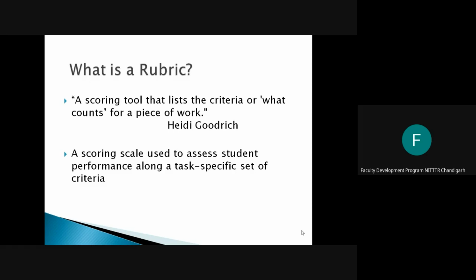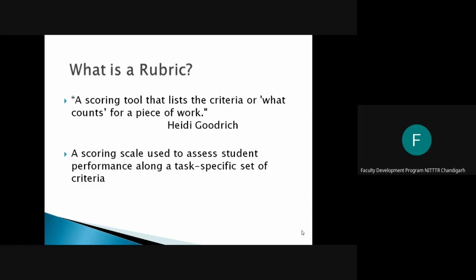So rubric is basically a scoring tool, and the main parameter which it uses is the criteria. That is also listed down in the tool. We also say that rubric is a scoring scale which is used to assess the student's performance along a task-specific set of criteria.